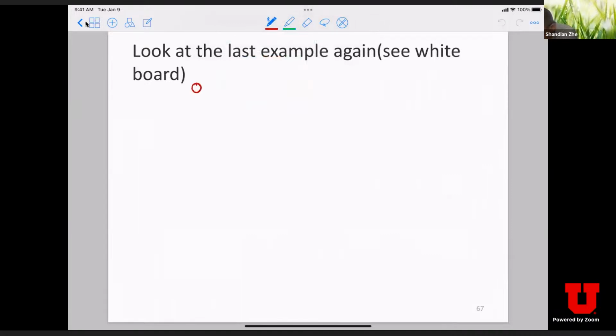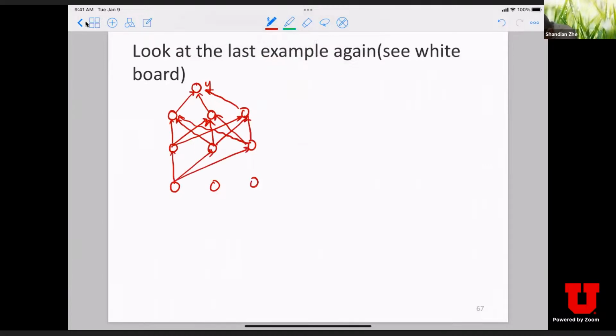So this is the output neuron Y. Here is X0, X1, X2, which is the input layer.